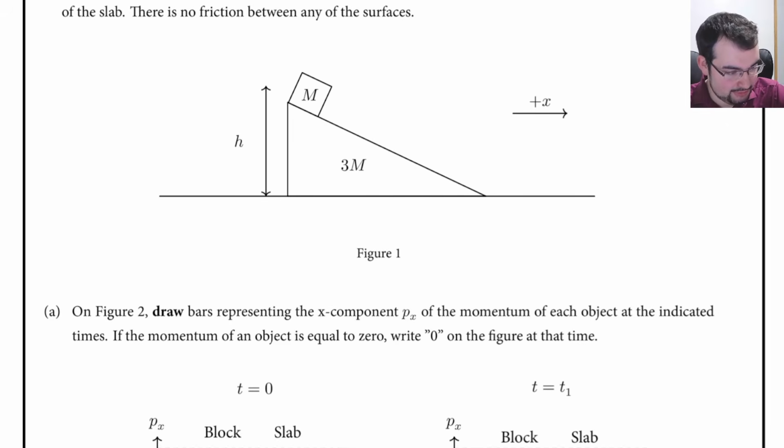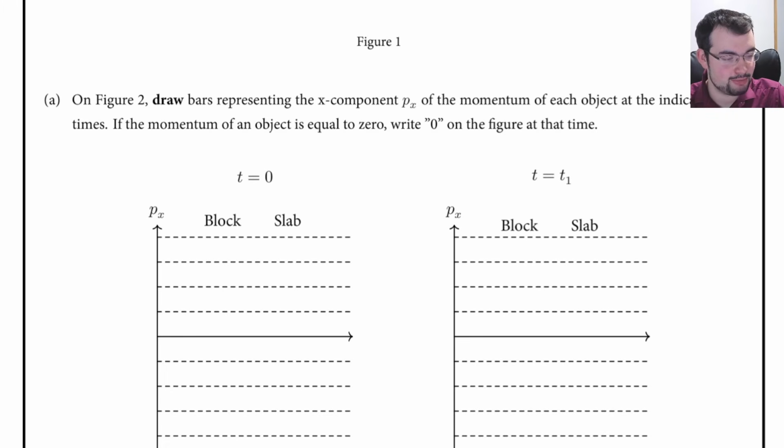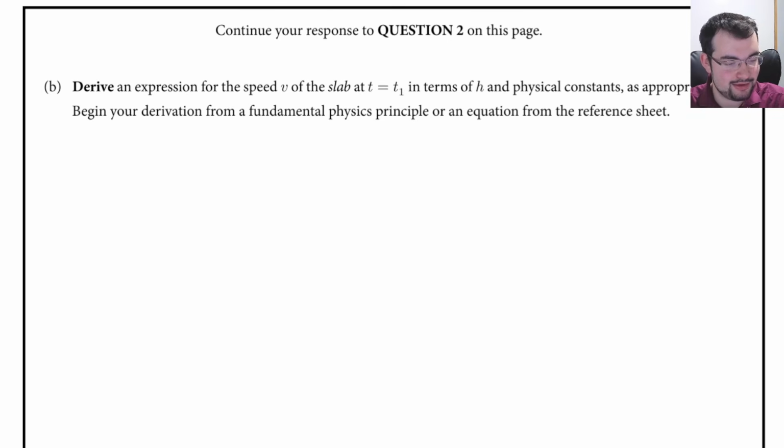But actually, it might subvert your expectations at first because part A says draw bars representing the x component of the momentum. So actually, it looks like this is a conservation of momentum question. So that's that. Part B wants us to derive an expression for the speed at the bottom of the slab. Wants the speed of the slab at that time, so not actually the block, but the moving slab.